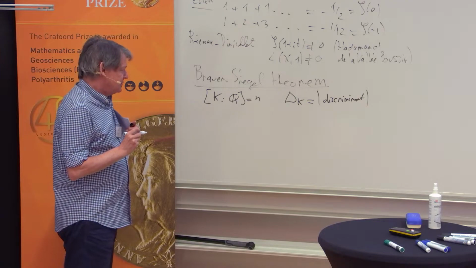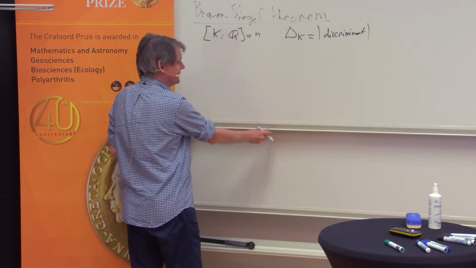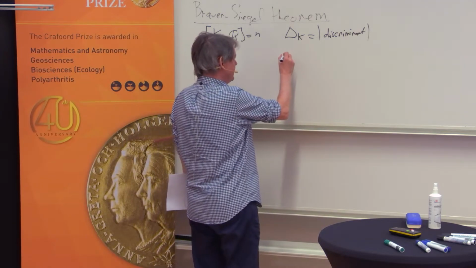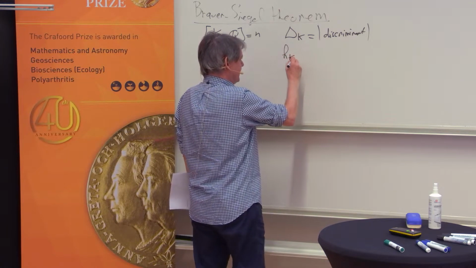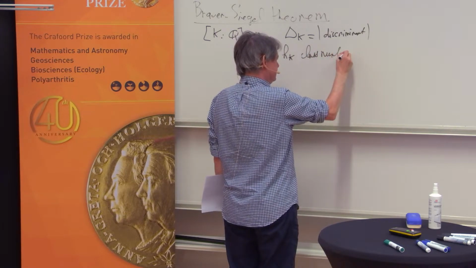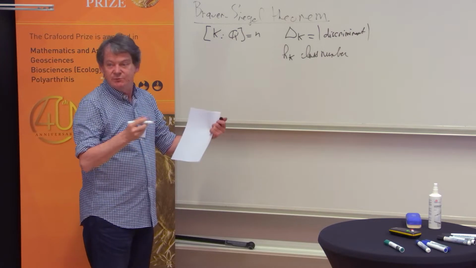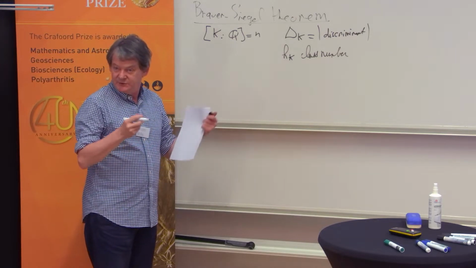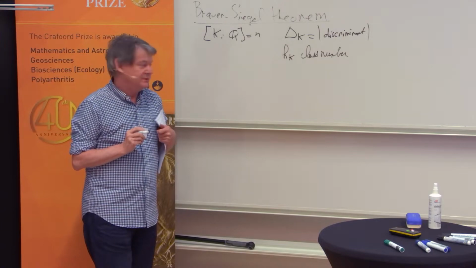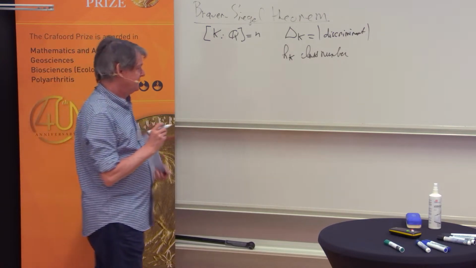And you have two much more elaborate invariants that are very important. One is h_K, the class number. So that's the number of ideals modulo principal ideals. It's the finite group that measures the defect of unique factorization in the number field.